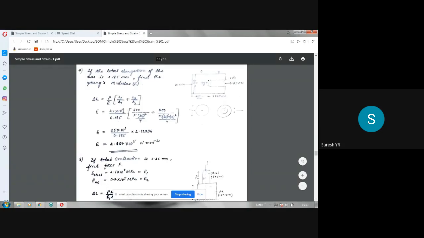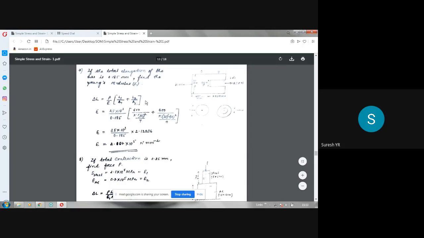So P is 25 kilonewton: 25 into 10 power 3, divided by delta L, which is 0.185, into L1. L1 is 600 mm here, divided by A1, the area of this solid circular portion, pi d square by 4, pi into 30 square by 4, where 30 mm is the diameter.